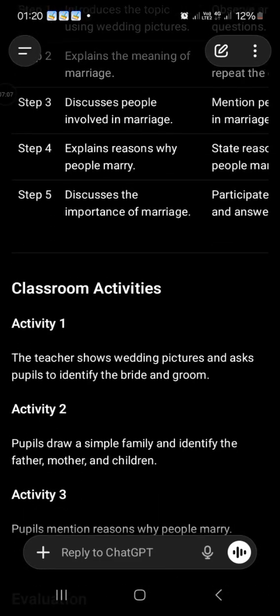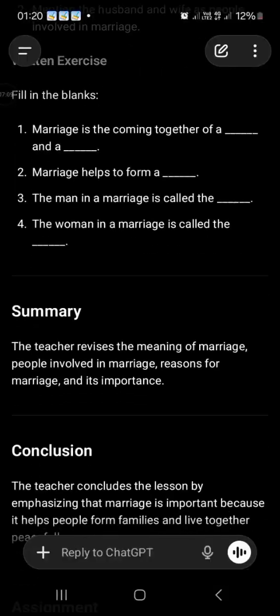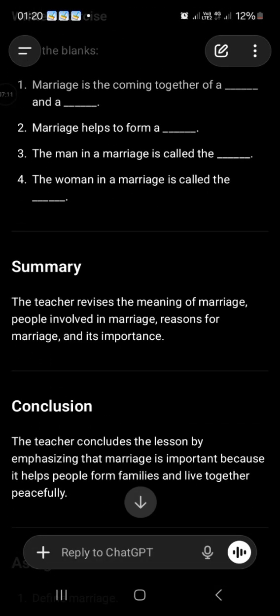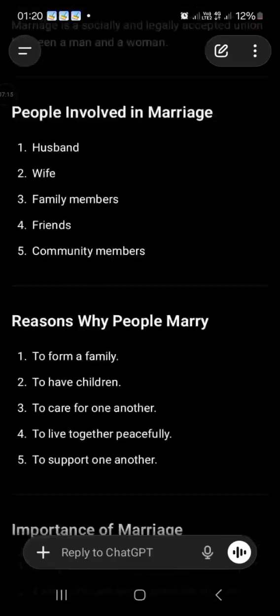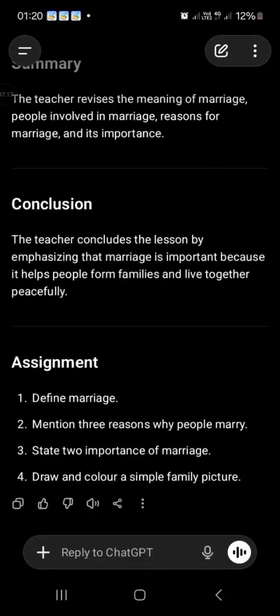Or let's take, for instance, you want to create for someone in nursery 3. Let's look at this.